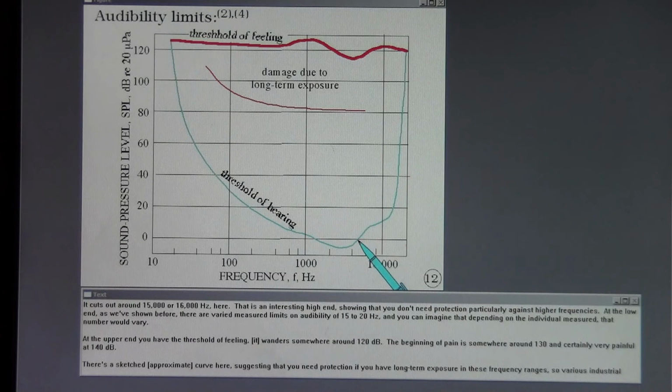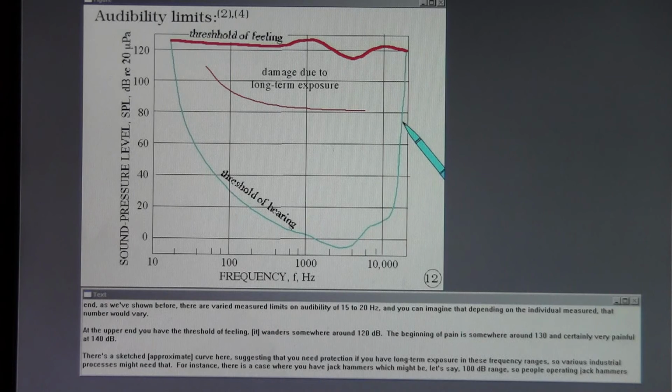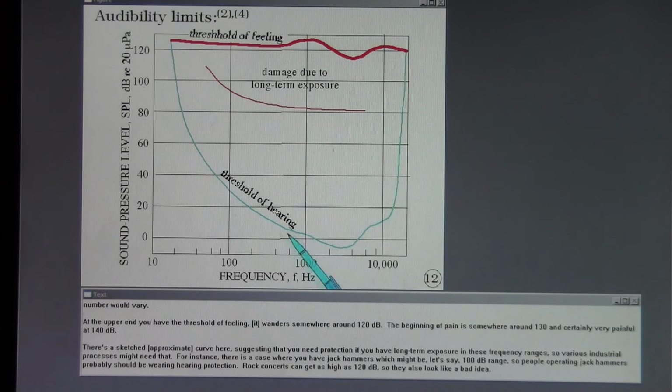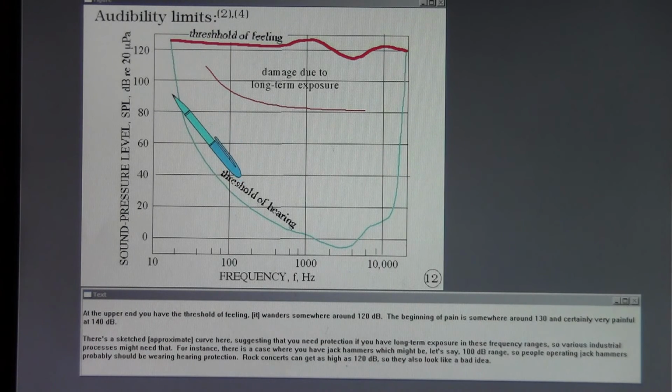It cuts out at around 15 or 16,000 hertz here, and that is an interesting high end, showing that you don't need protection, particularly against higher frequencies. At the low end, we've shown before that there are various measured limits on audibility of 15 to 20 hertz, and depending on the individual being tested, that number would vary. At the upper end, you have the threshold of feeling, which wanders somewhere around 120 decibels.